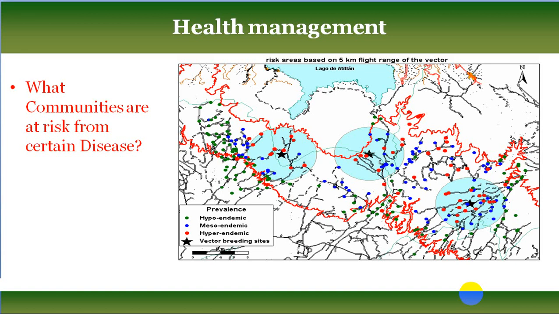Once you find this out, you can take proper steps to evacuate such communities or take some appropriate step. So in a lot of cases of health management, we can use GIS.